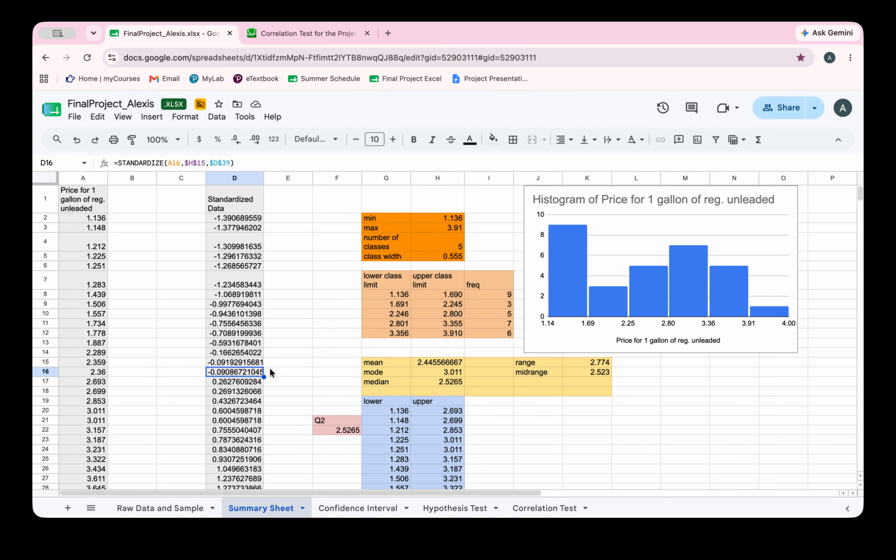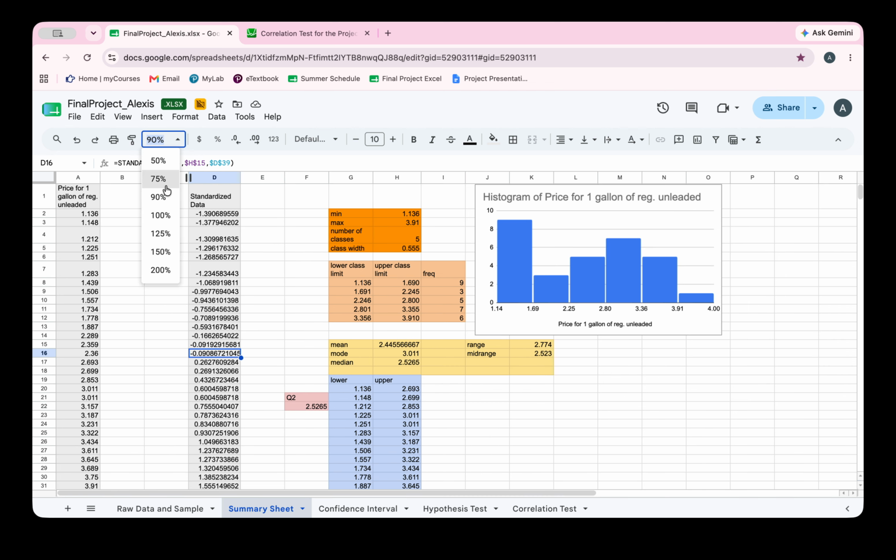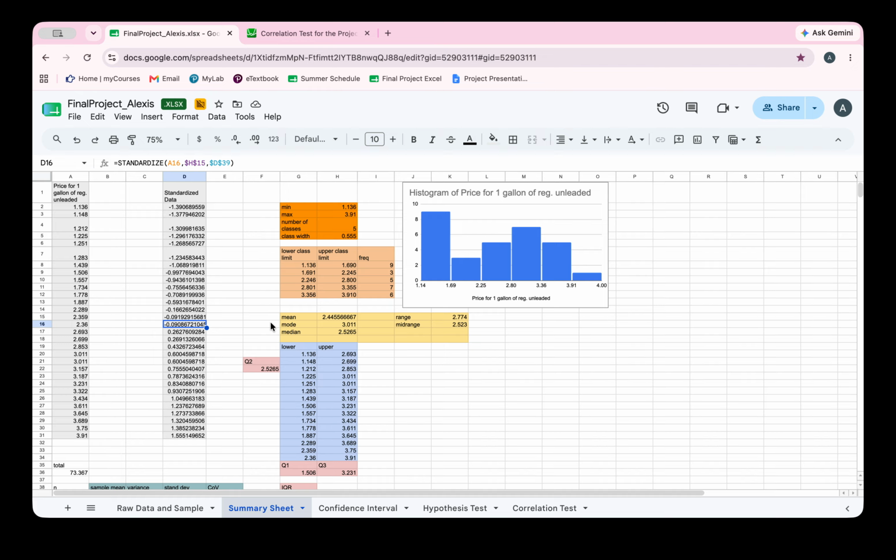And this is because its z-score is closest to 0. So this represents almost no deviation from the mean. So in this sample, 0% of the data has z-scores less than -2 or greater than 2, and you can see that. I'll zoom out again. In the standardized data, you do not see that.